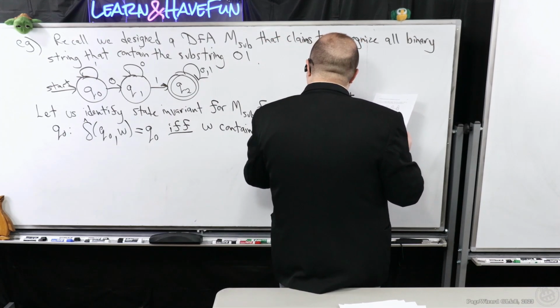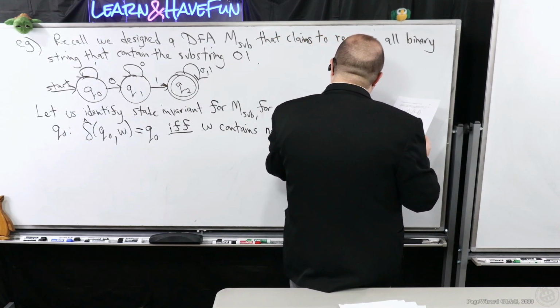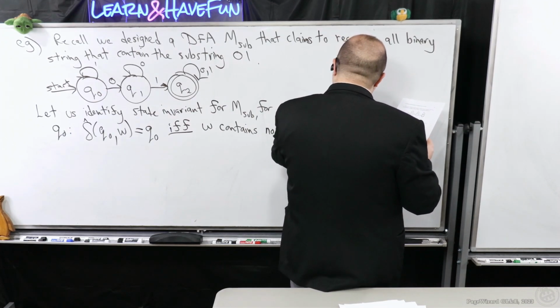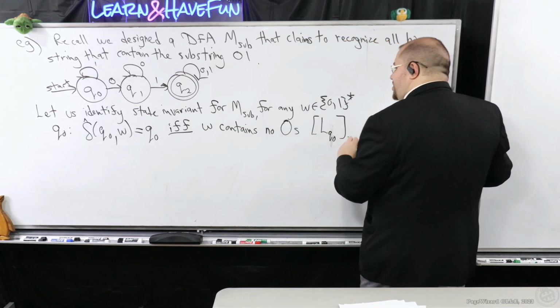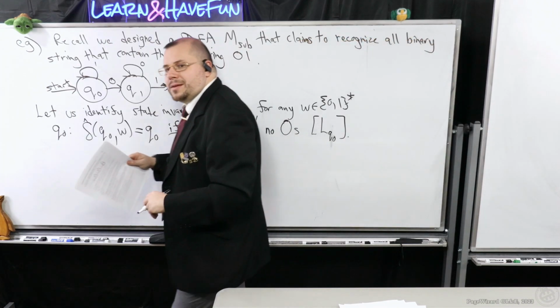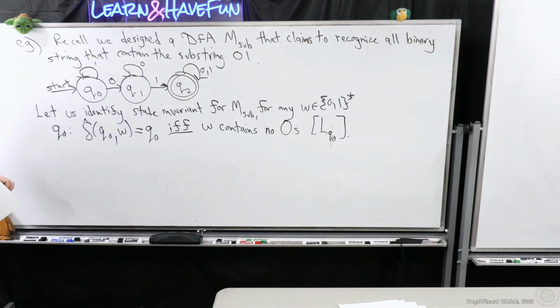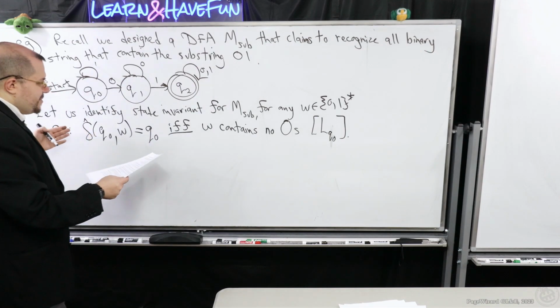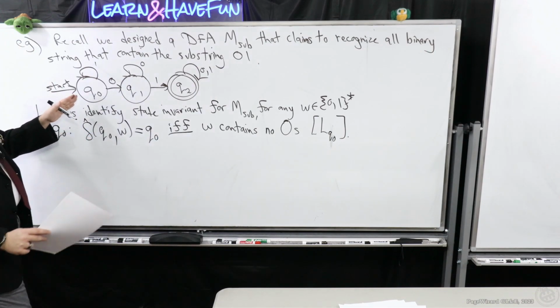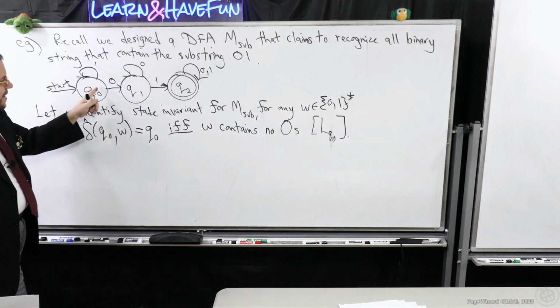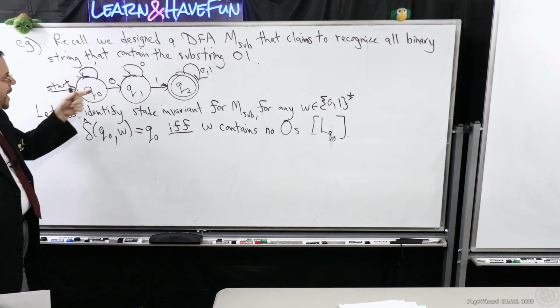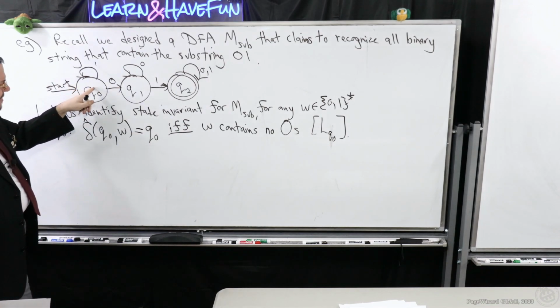I'll call this language L Q0, just to be consistent with my notation. So this seems like a pretty reasonable one. You would agree that this makes sense, right? Once we've read a zero, there's no way you can get back into Q0.